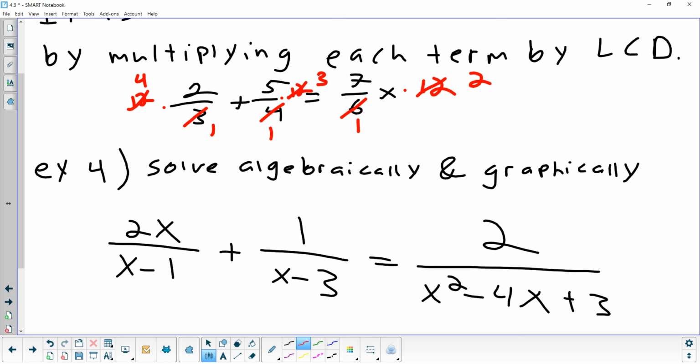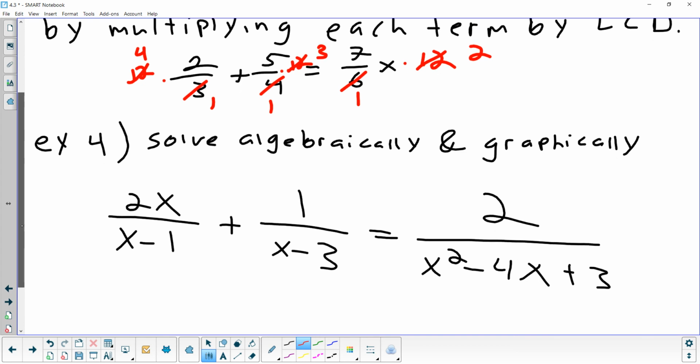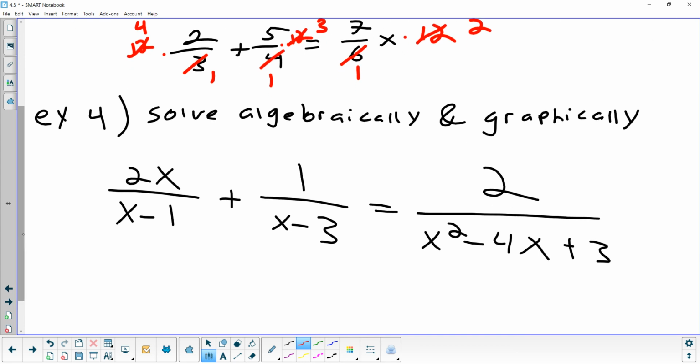Now we're going to do the same thing here, except our least common denominator is going to be something with a variable. It's not just going to be like the number 12. So, anybody see something you could multiply everything by here, and all the denominators would come out to 1s, just like they did up above?